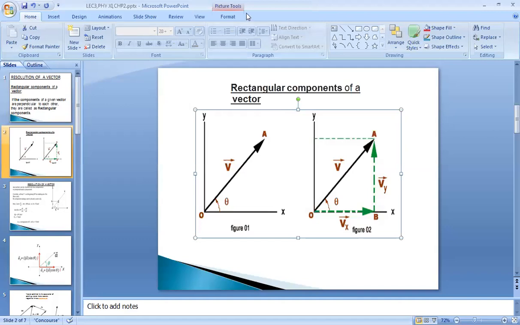Let me explain this very clearly. Say this is the horizon, a line along which a body is placed on a horizontal surface.